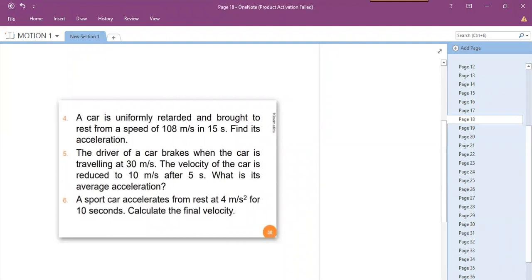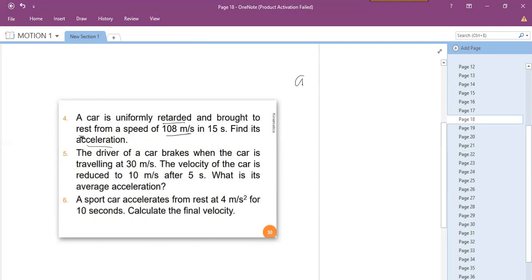Anyway, question 4 says a car is uniformly retarded and brought to rest from a speed of 10.0 meters per second in 15 seconds. Find its acceleration. So here we have an object, and we have to collect the data. The object is uniformly retarded, so this is retardation.